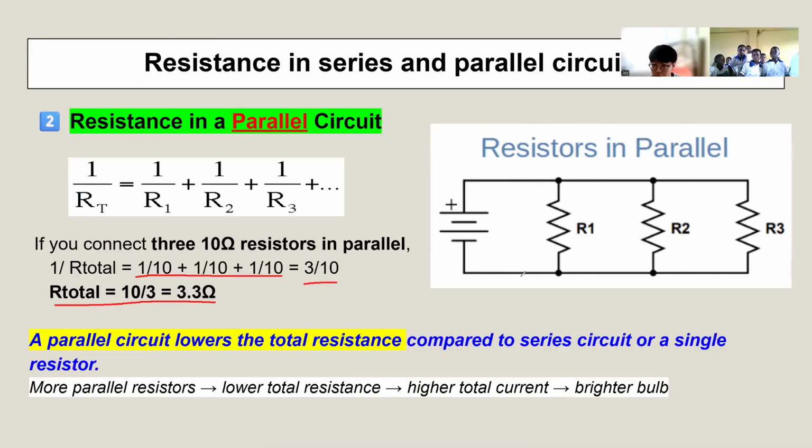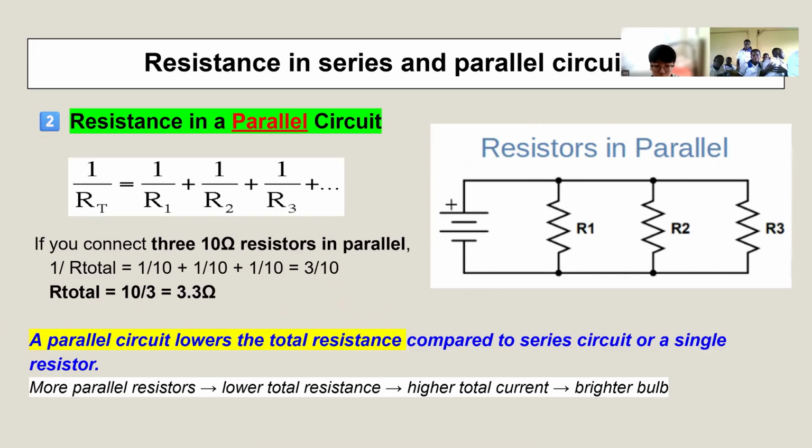But notice the difference between resistance in a series circuit and resistance in a parallel circuit. In series, it was 10 plus 10 plus 10, which equals 30, right? Before it had 30 ohms of resistance, but now it has 3.3 because it's parallel.